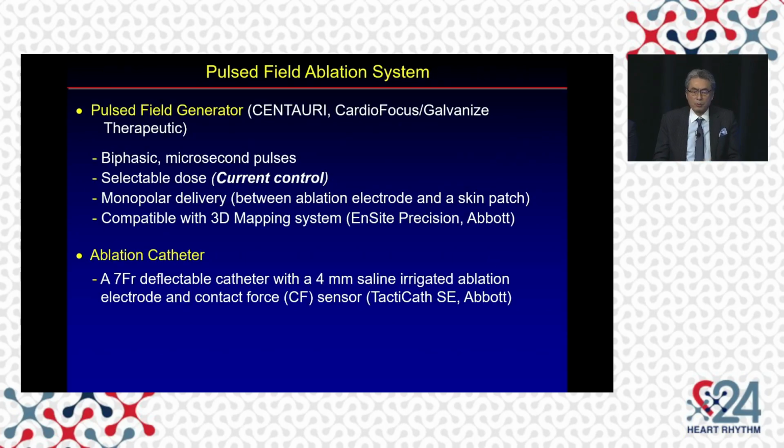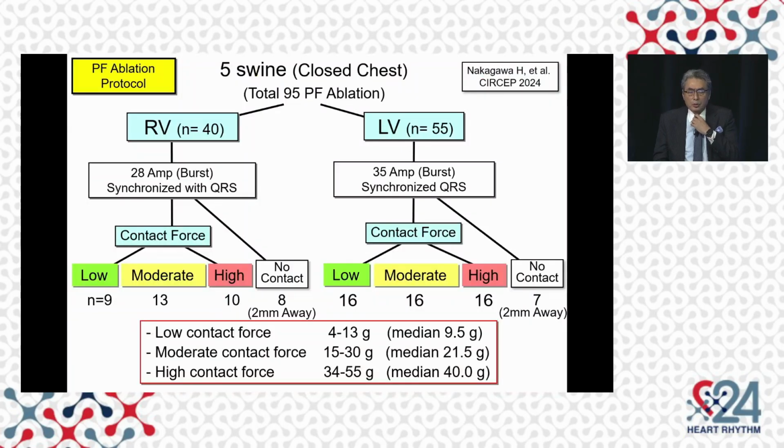So therefore, we performed the study using the Centauri, a cardiac focus galvanized current control system, applying biphasic microsecond application, monopolar delivery, using a contact force focal catheter, which is the Abbott catheter. So the protocol is simple. In the right ventricle, we are applying 28 amps, in the LV or greater, 35 amps.